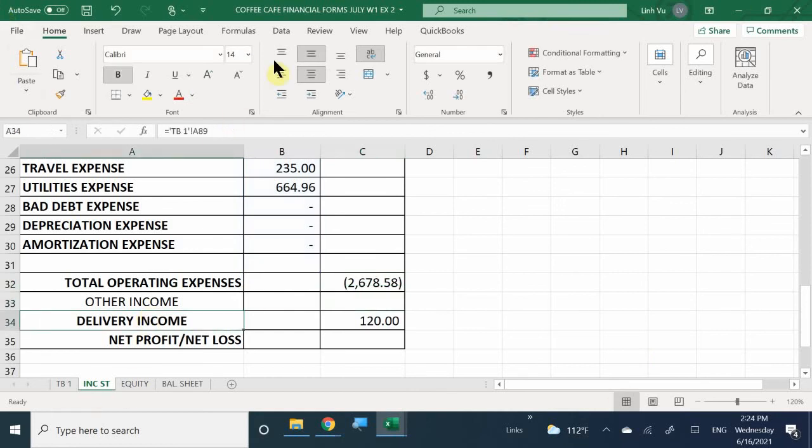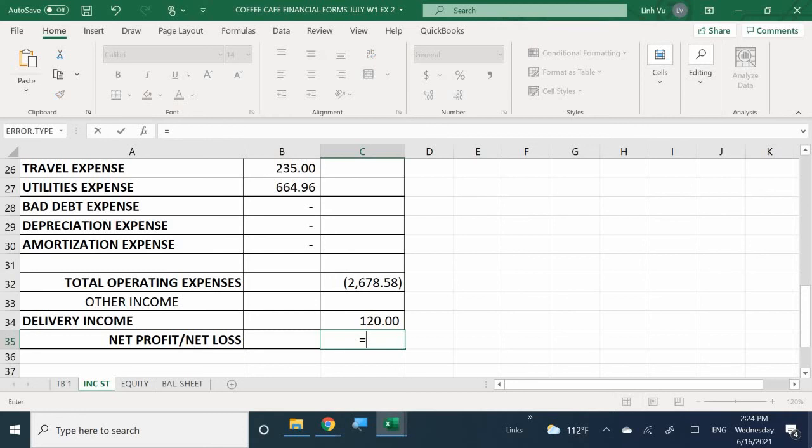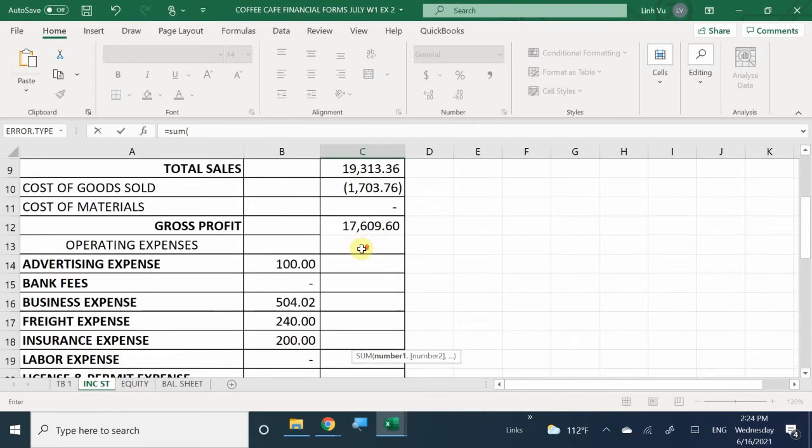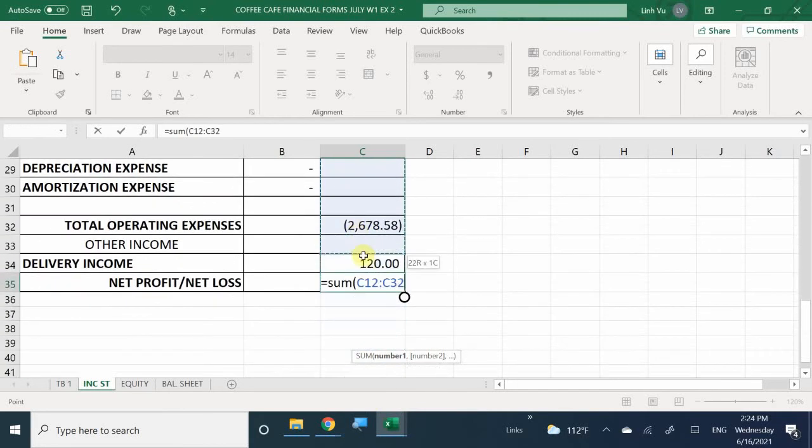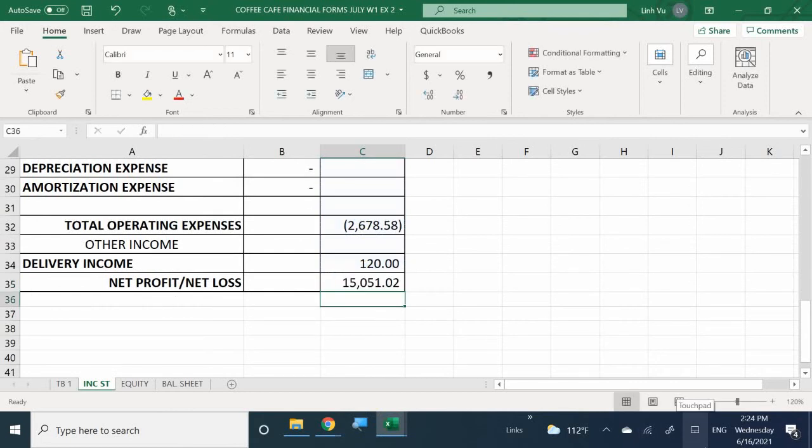So in this case, what is going to be my total grand net profit or net loss? To do 15,051.02. Excellent, okay?